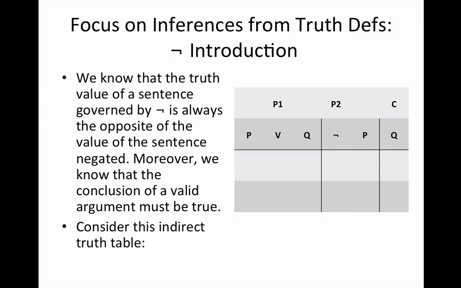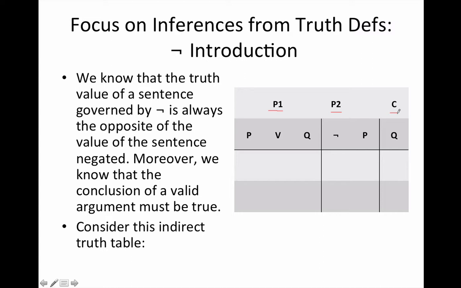So let's bring that notion of contradictory truth values to the fore as we look at the argument shown on the right side of your screen, to the right of the text. Let me go ahead and grab the pen. We've got two premises and a conclusion, and we have the argument laid out as we would see in a truth table.